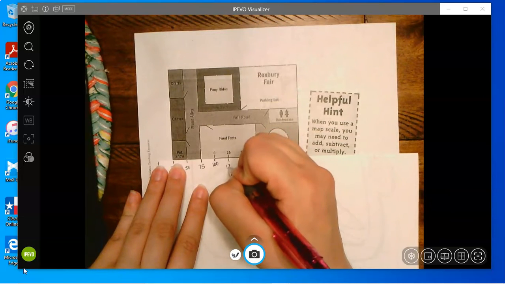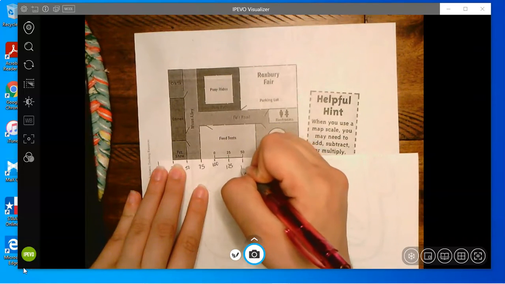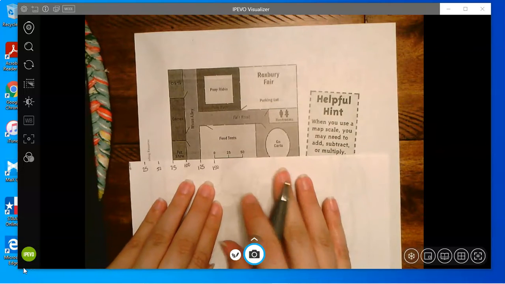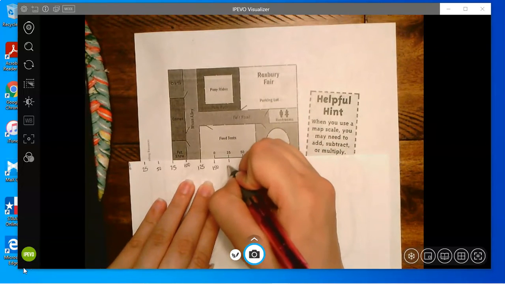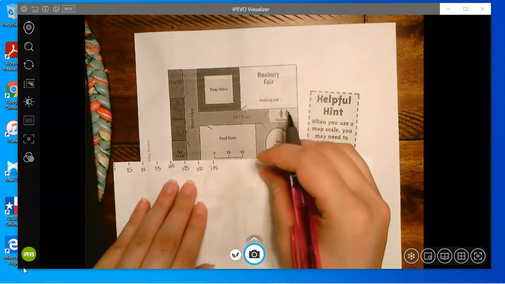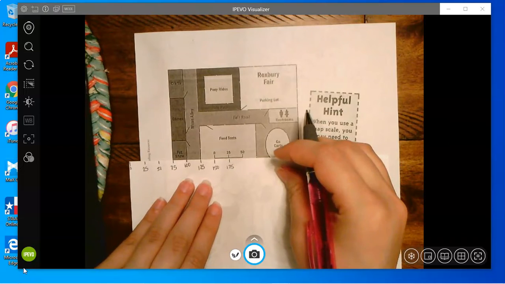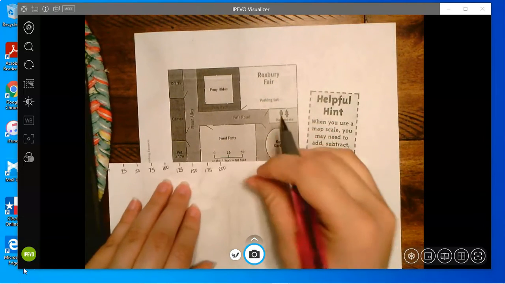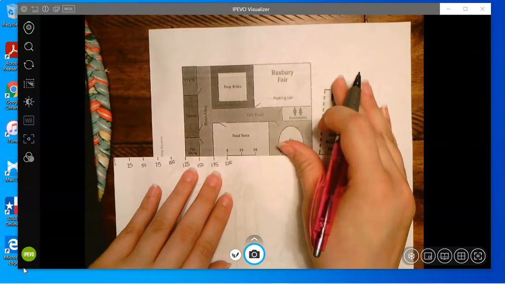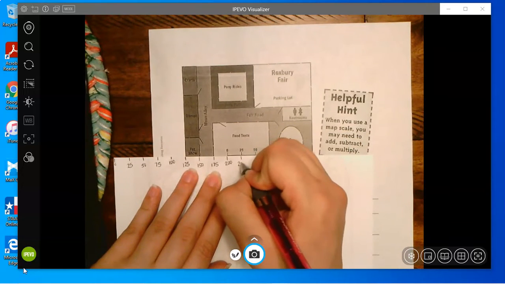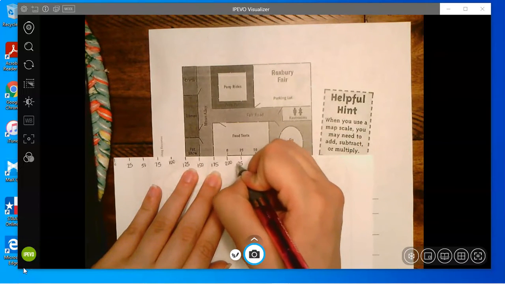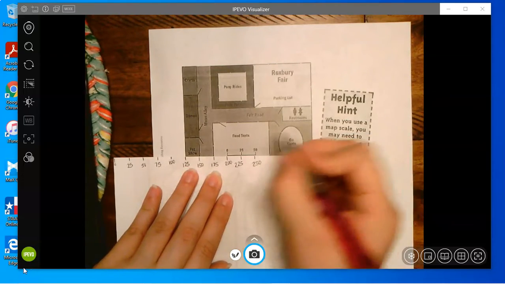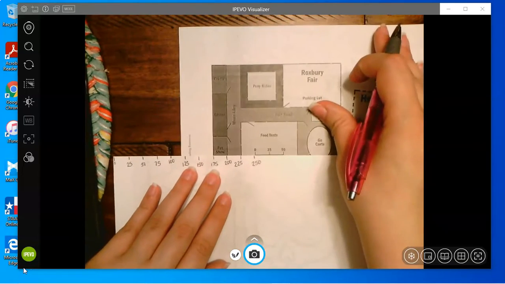This would be 125, 150, 175, 200, 225, 250. I would just go the whole length of your paper.